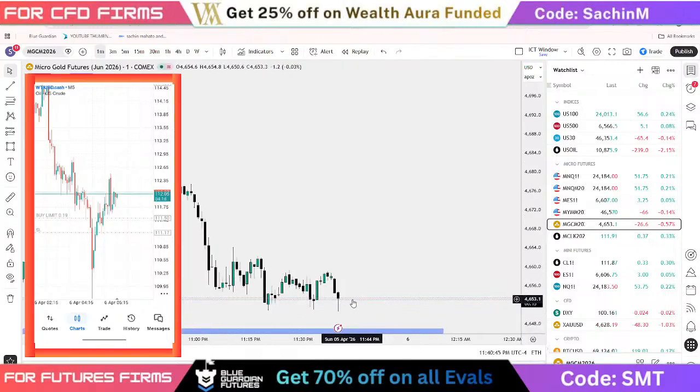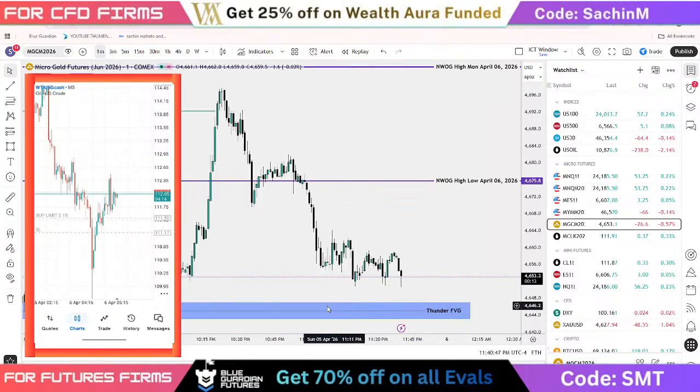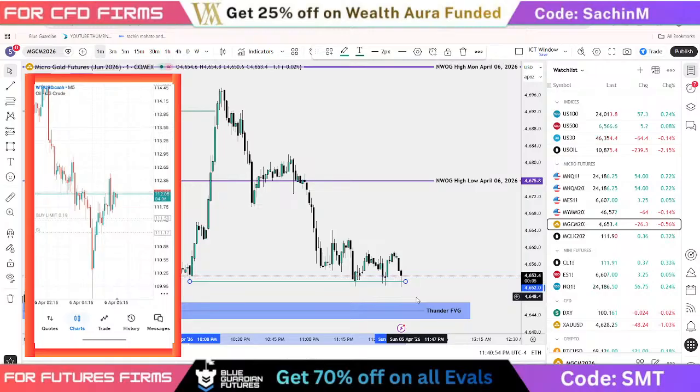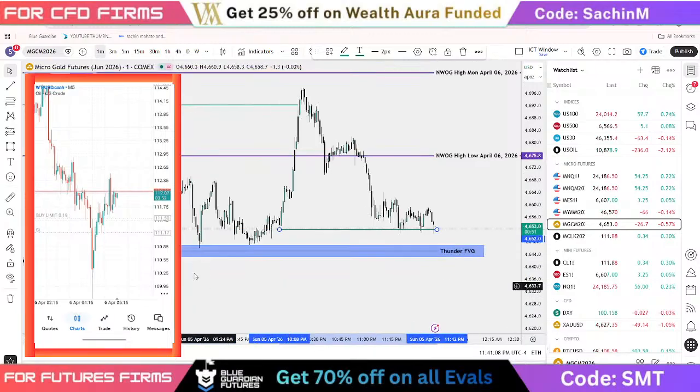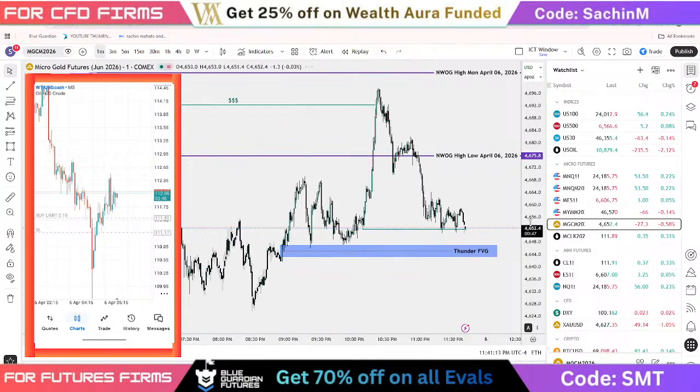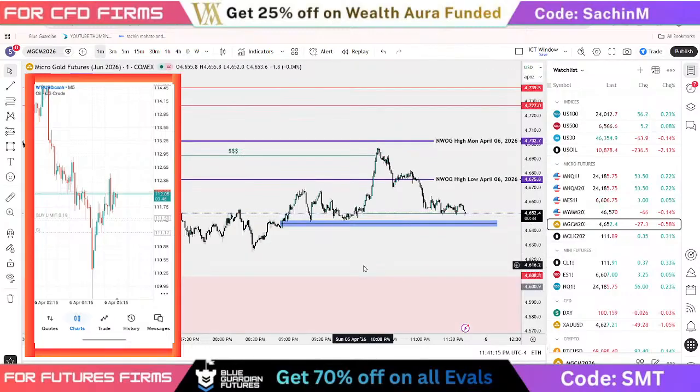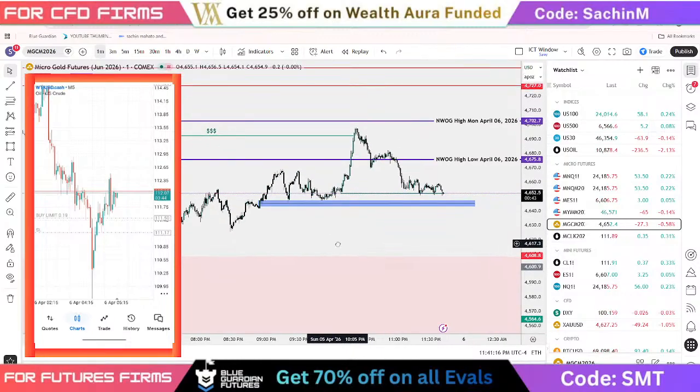MGC, we have swiped out this liquidity. Maybe the market will swipe out this liquidity as well, and if the market then wants to expand in the lower direction, then I will not have any trade.